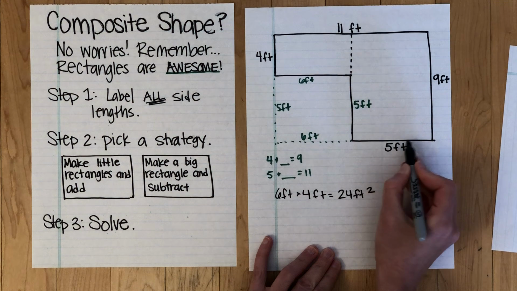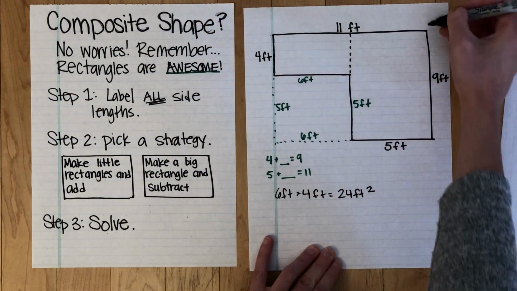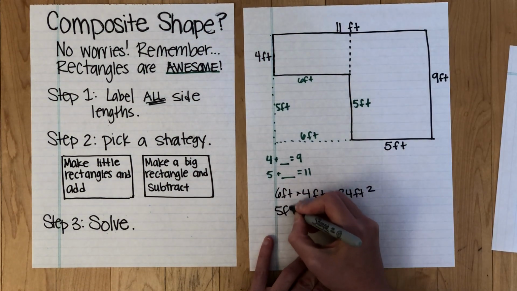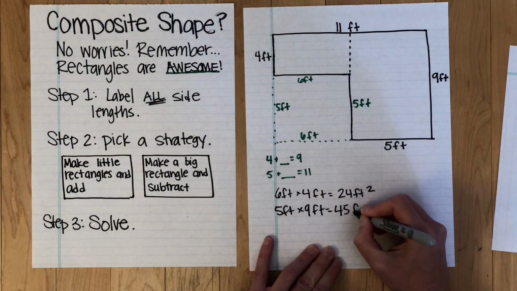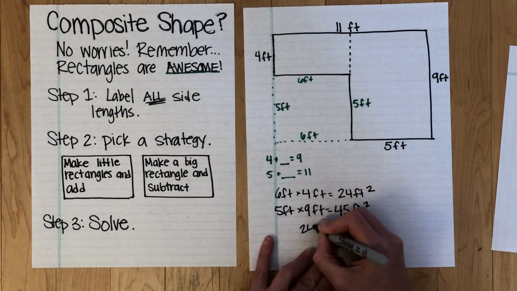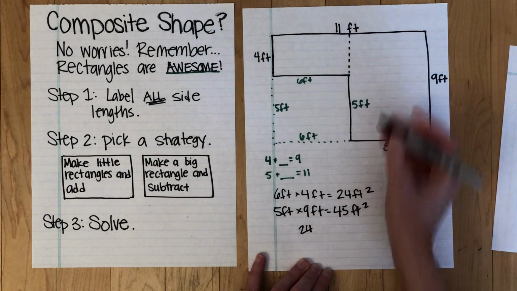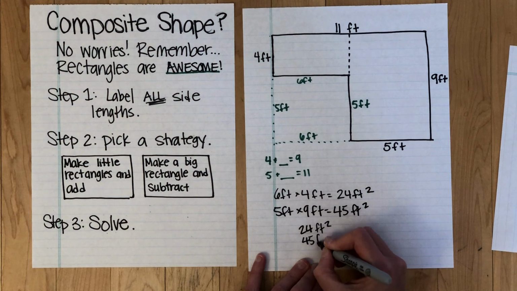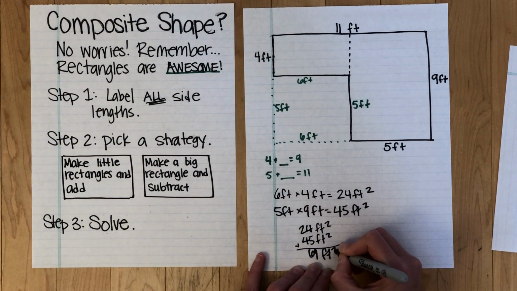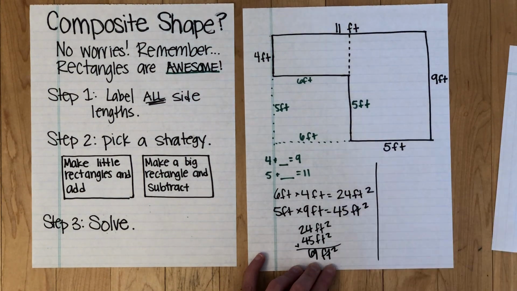This is 5 feet, this side is 9 feet. 5 feet times 9 feet equals 45 feet squared. If I add them together, because I want to find the total area, 24 feet squared plus 45 feet squared equals 69 square feet.